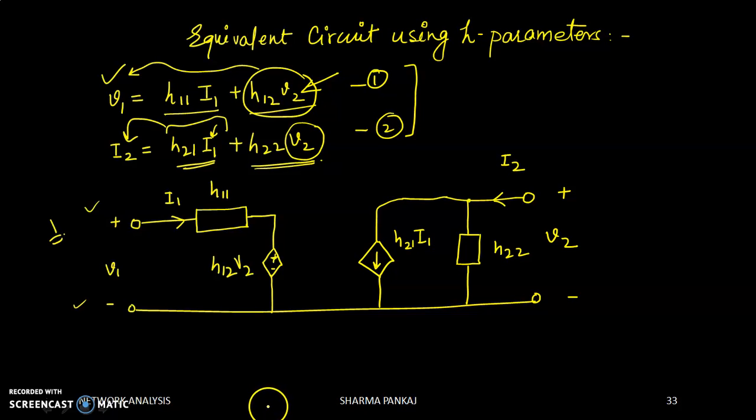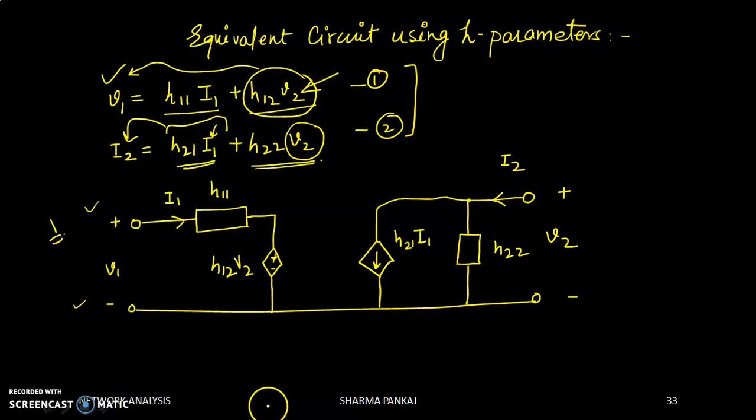We will have a separate discussion about why it was not possible. We have studied the equivalent circuit of Z parameter, Y parameter, and now we have just concluded with the equivalent circuit using H parameter.